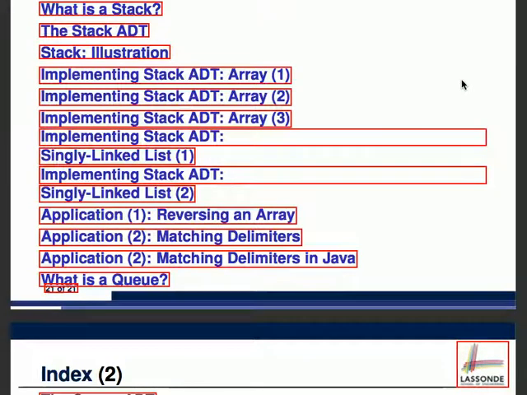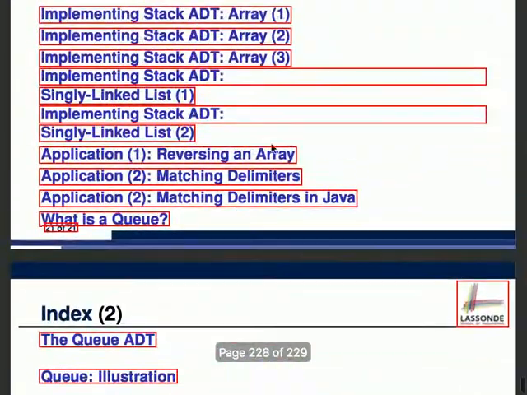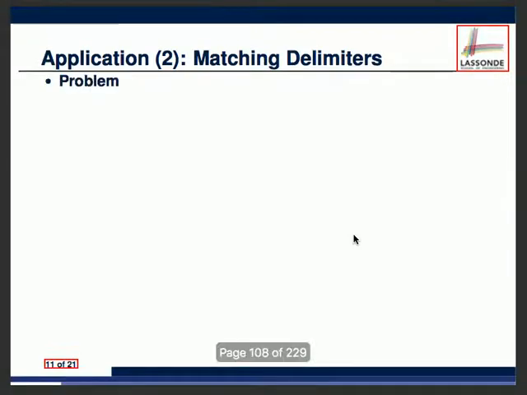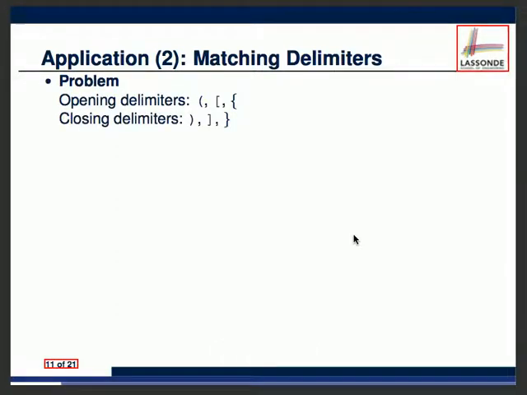In some way, that's part of how Eclipse is implemented. Part of. Matching delimiters. Of course, it's a simplified version, but you get the idea. Let's say we have opening delimiters and closing delimiters. You've got parentheses, brackets, and let me use this way: round parentheses, square brackets, and curly braces.